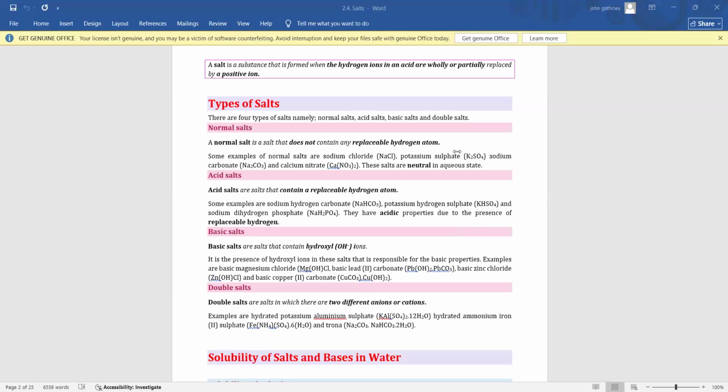All chlorides are soluble, except... Rari, tell us something about the chlorides.